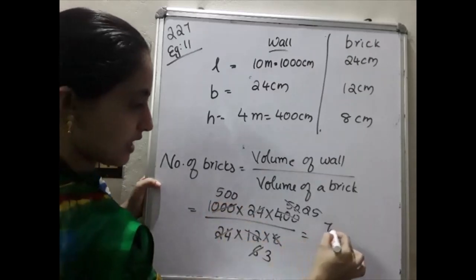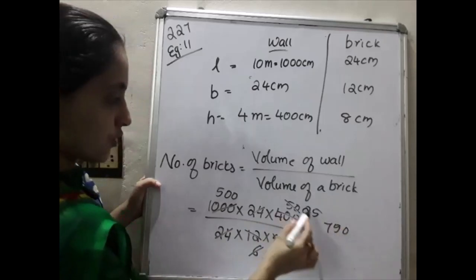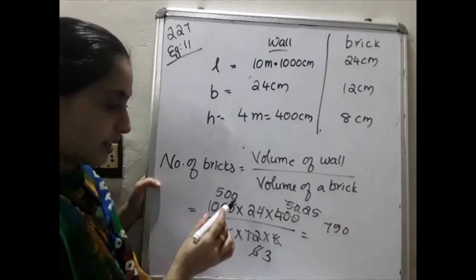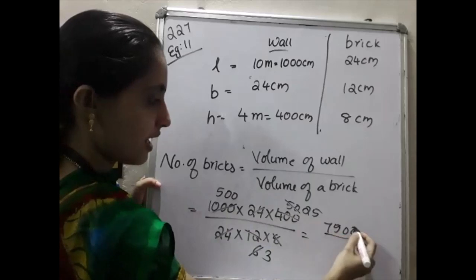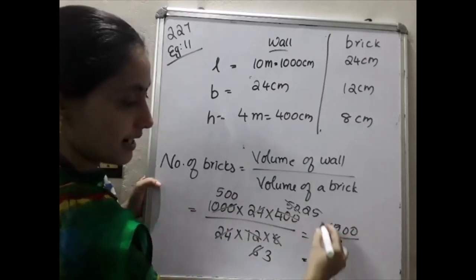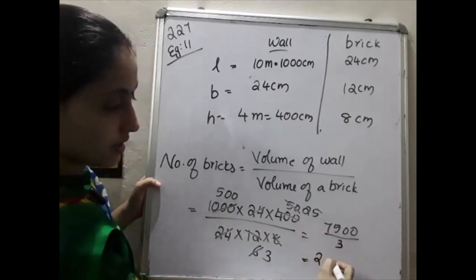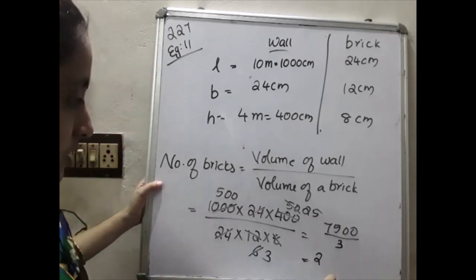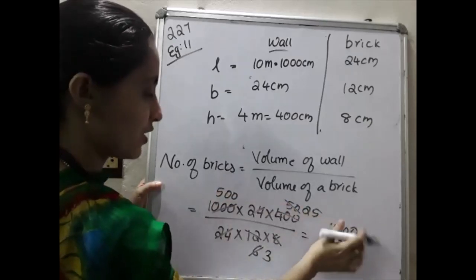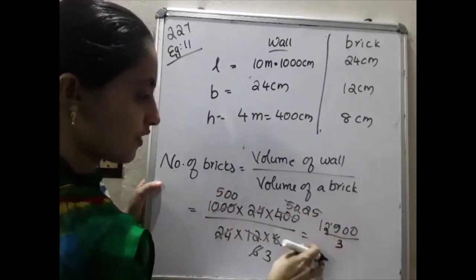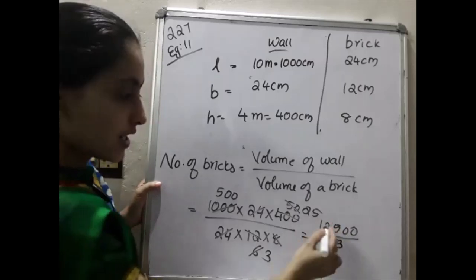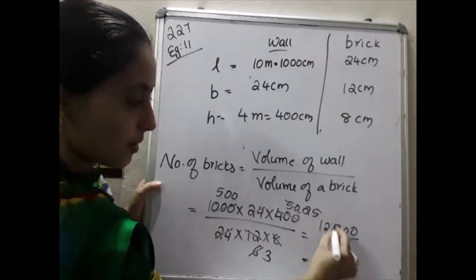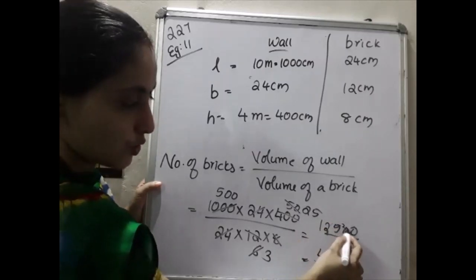25 into 5 is 125. 125 divided by 3 is 4 times, then 1 times only, but 20 remainder here.